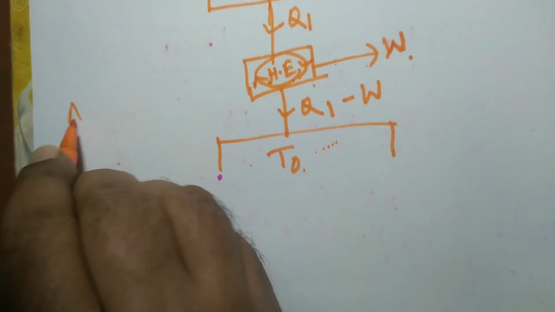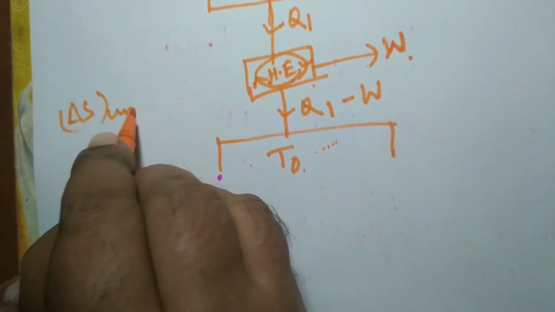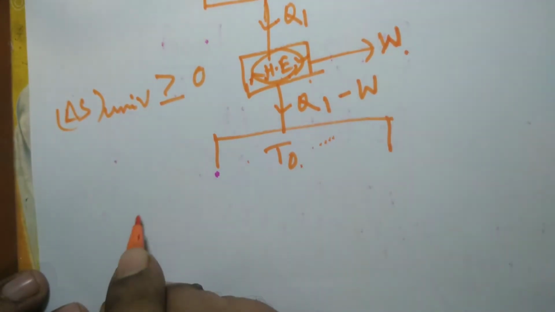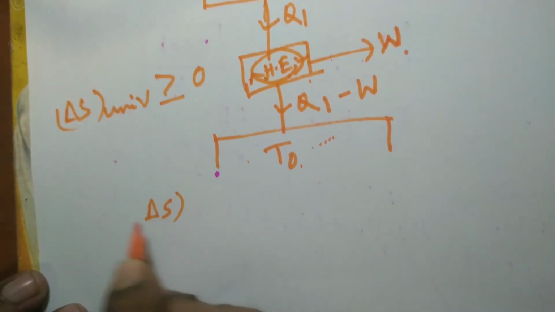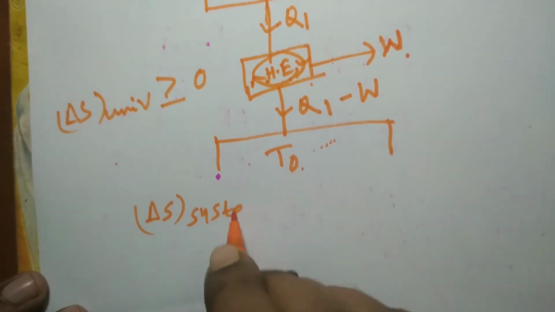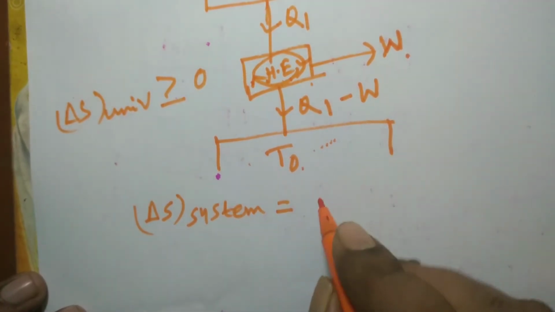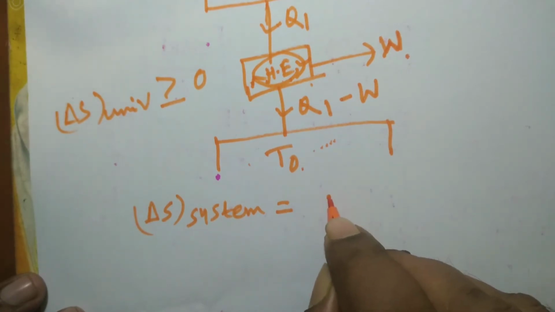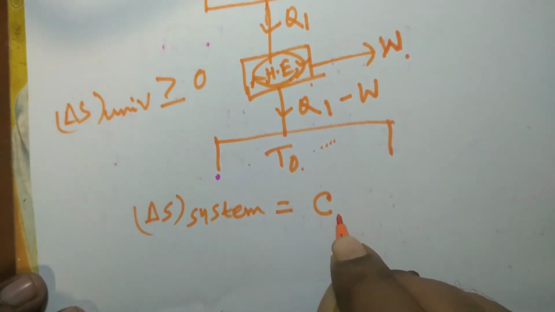You know, delta S of universe for any process is always greater than or equal to 0. So here, delta S system is equal to the product of mass and specific heat at constant volume.